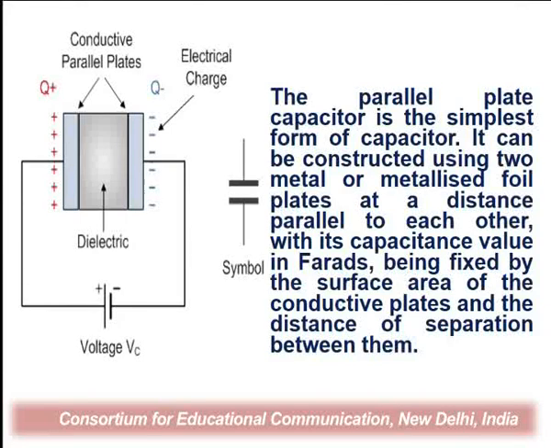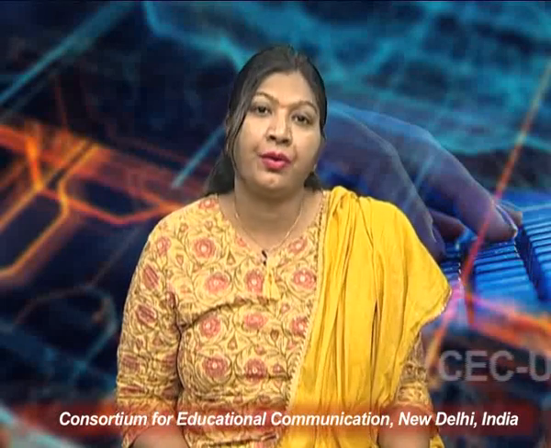It means the unit of capacitance is farads, being fixed by the surface area of the conductive plates and the distance of separation between them. It means the surface area of the conductive plates and the distance between them, and the dielectric plays an important role in calculating the capacity to store energy in the capacitor.